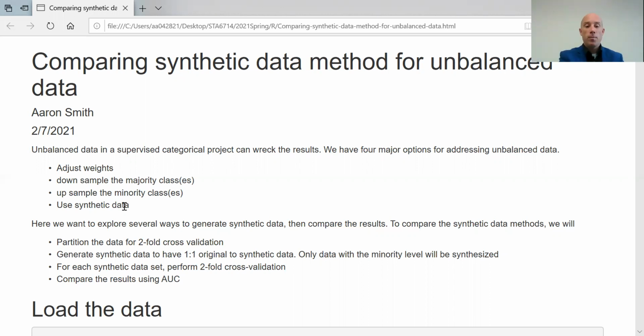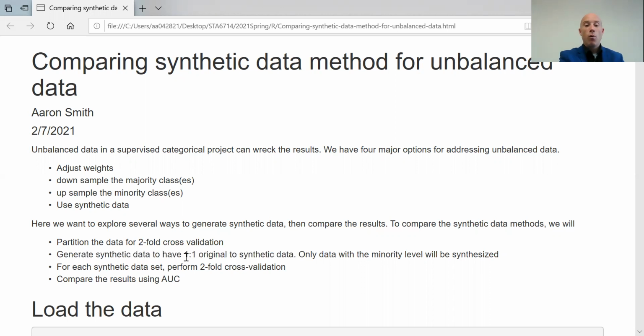All right, so what we're going to do is partition our data for twofold cross-validation. Then we're going to generate synthetic data to have a one-to-one synthetic to original data. Now, this is on the minority level.